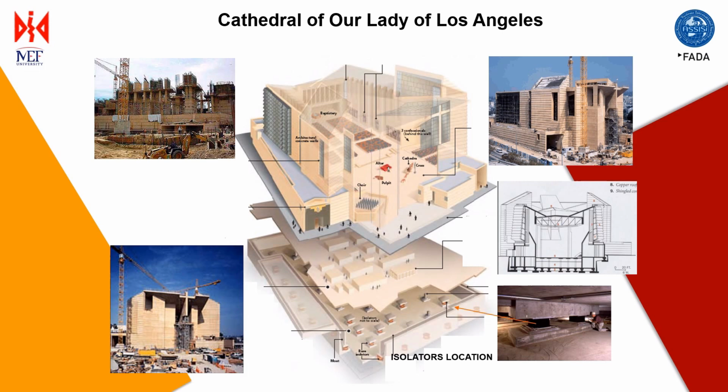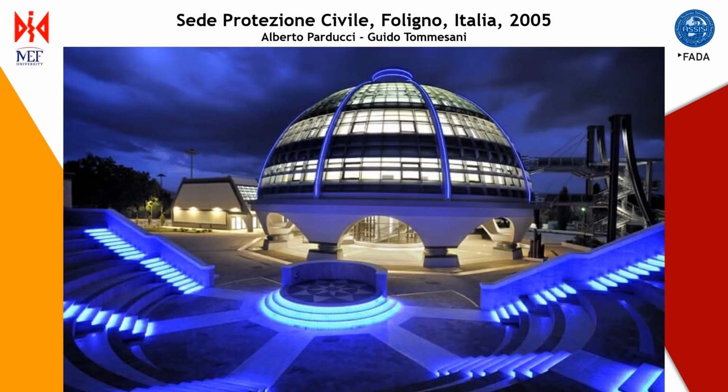The isolator's location is hidden. You don't know if this big cathedral is isolated or not. In this example, the designer wished to show the system in a plastical language of architecture.